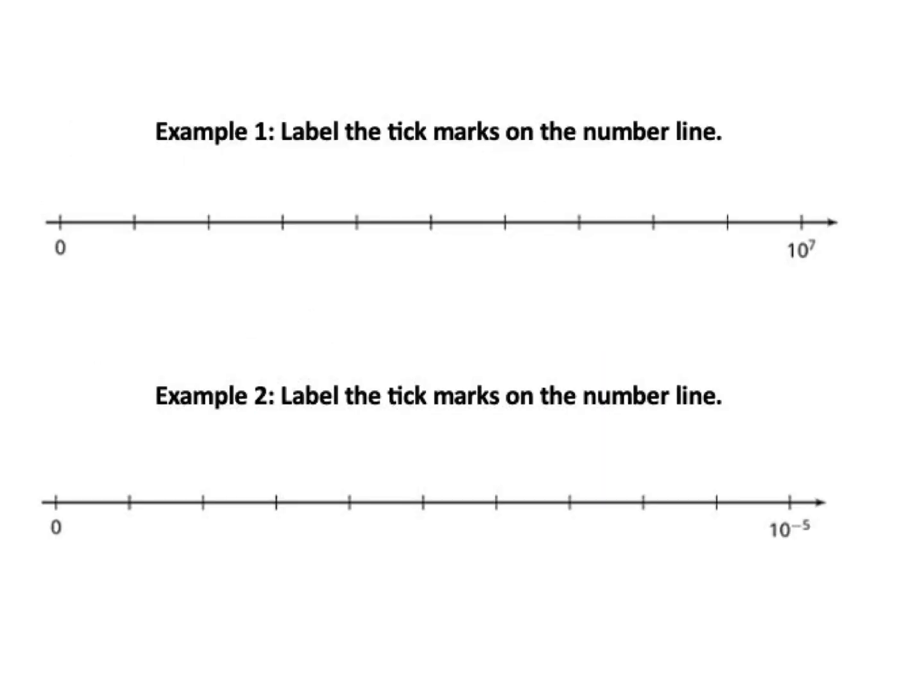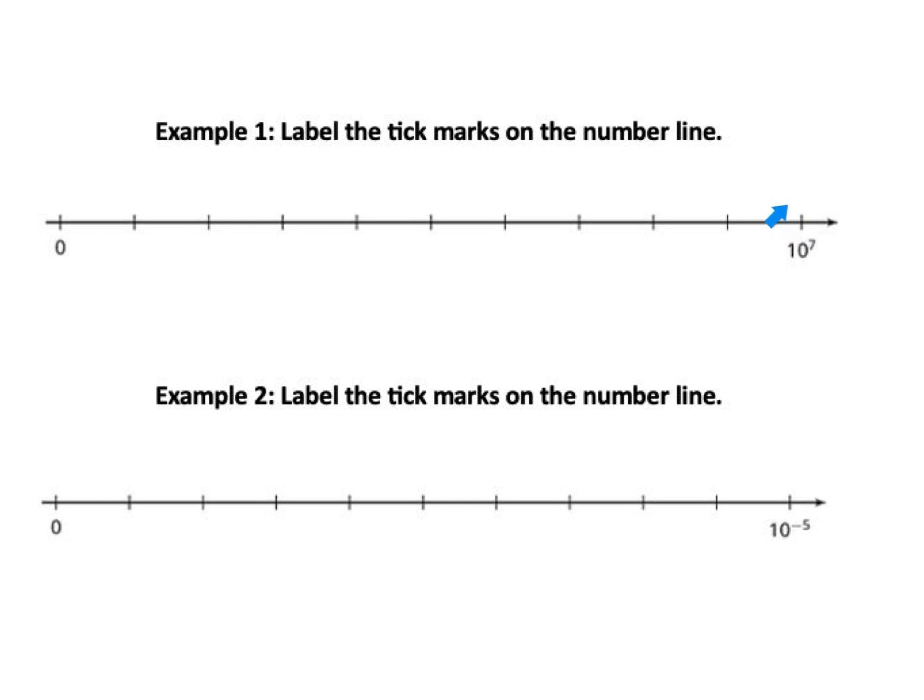All right, so here's example number one. We've been talking about powers of 10, but now we're going to put them on a number line, and we're going to group it in groups of 10. Notice how over here this is 10 to the 7th.